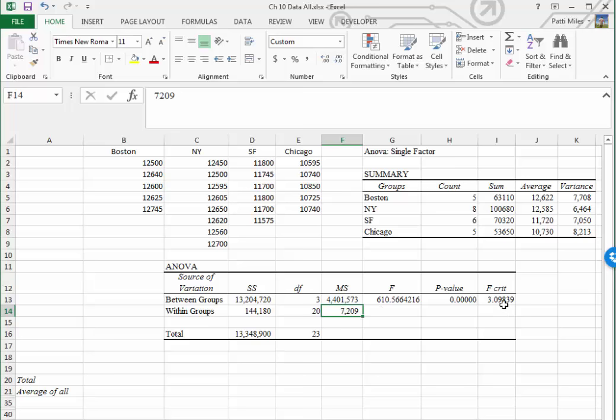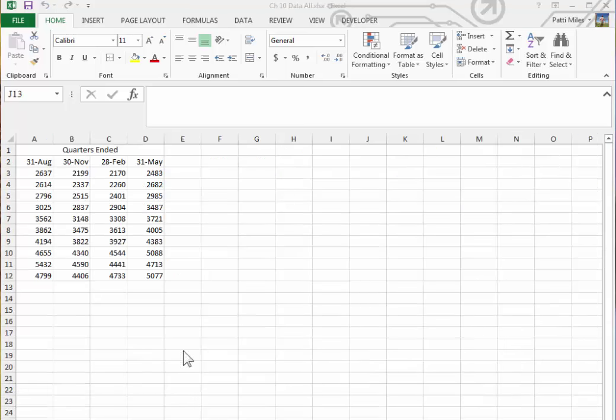And when we divide it out, we get this F value, which was a lot like our Z value. Here we've got the same critical value that we had looked up on the chart. And of course, we have a significant P value. So I'm going to walk you through one more problem and talk you through what you find. And then I'll let you try a few of these problems on your own.